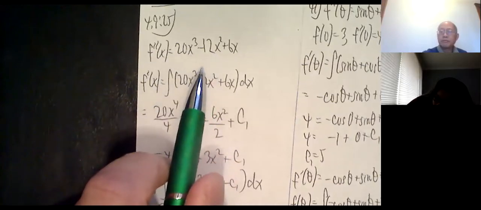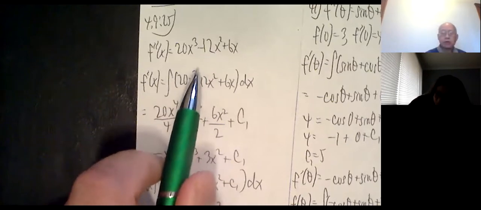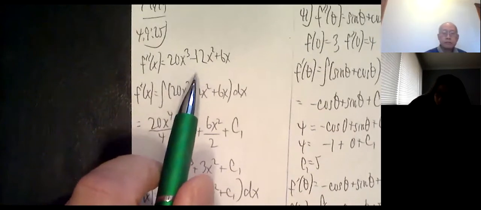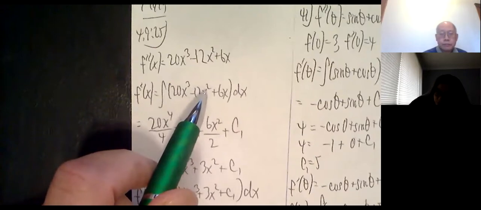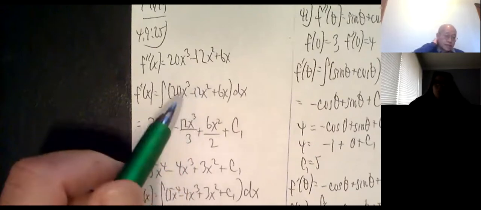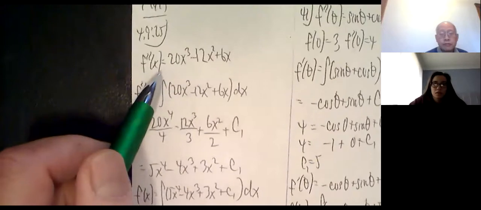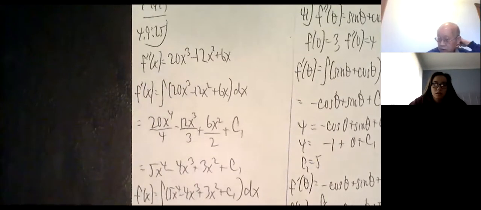Notice we're going backwards from what we did before in the course, right? A lot of our course, we said, here's f, find the first derivative, find the second derivative. Now we're going backwards. This is the second derivative. Go back and find the original function.